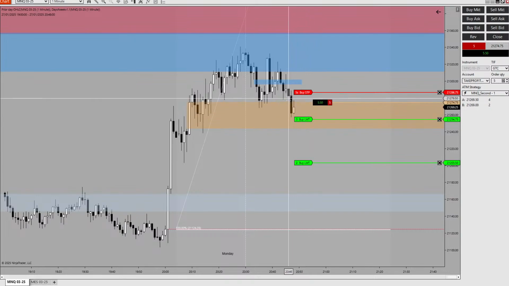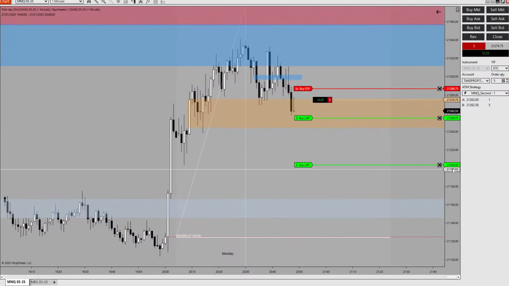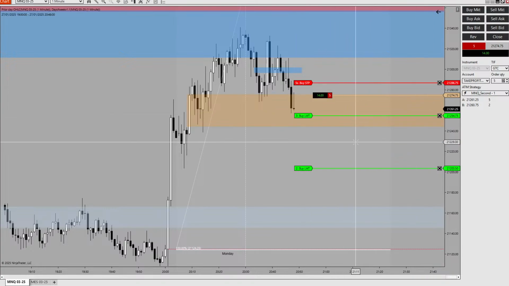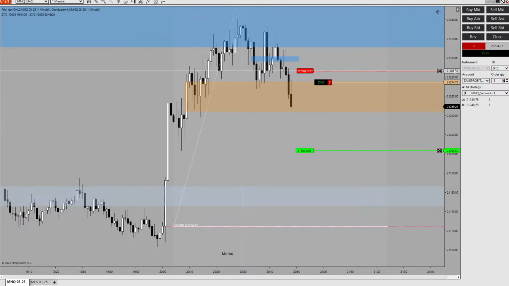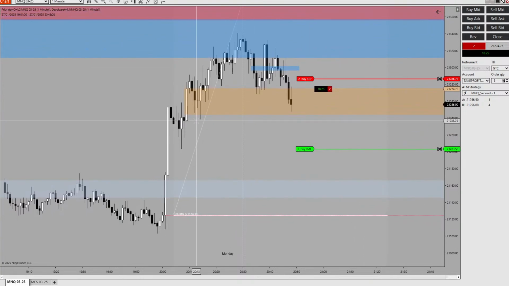It can come back to the bottom of this candle. That would act as immediate rebalance. Doesn't. Good. Sell side. Target filled. Partial is taken now. Sell side here and here.